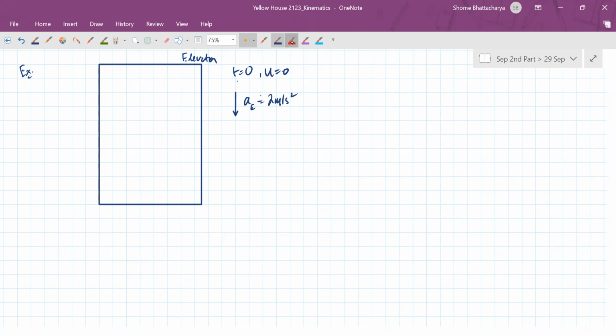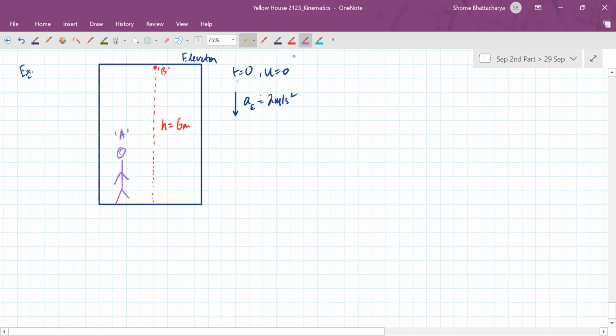And at the same instant, when the elevator starts descending, a bolt comes off the ceiling of the elevator. It's a freight elevator, so its floor to ceiling height is pretty large. It's 6 meters.